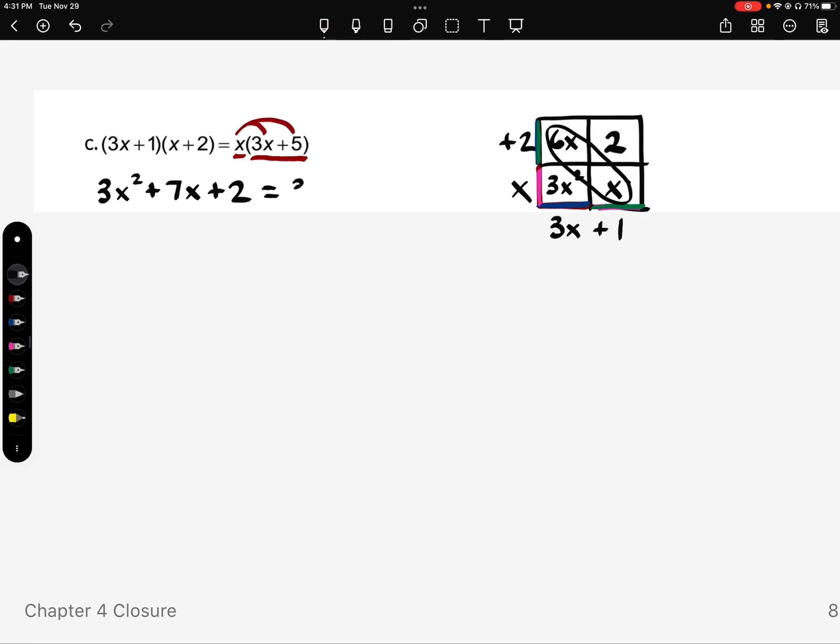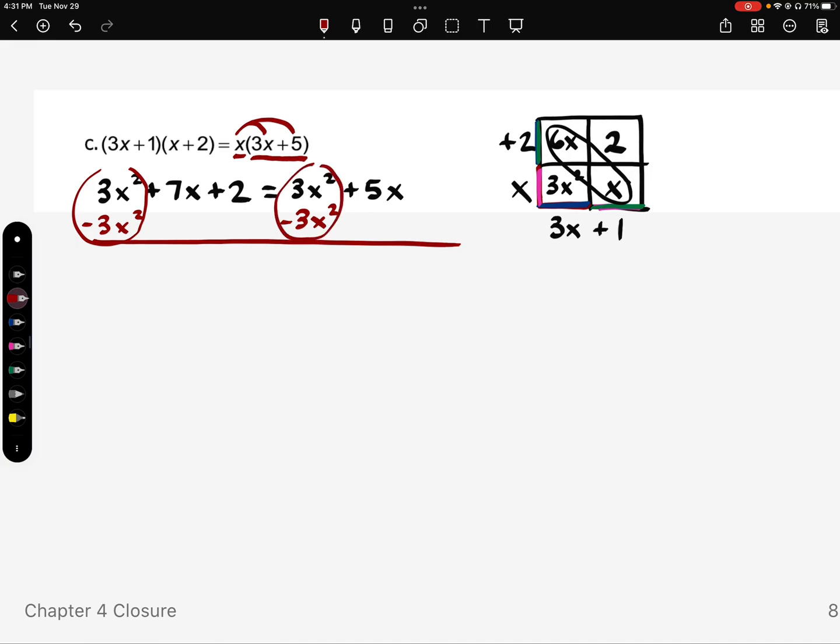3x and x gives us 3x squared, and 5 times x is 5x. And my microphone is almost out of battery, so I'm going to just continue through this, try to solve it as quickly as I can. Right, let's get our x squareds together, and we'll notice in this case that they both end up canceling out, leaving us with 7x plus 2 is equal to 5x.